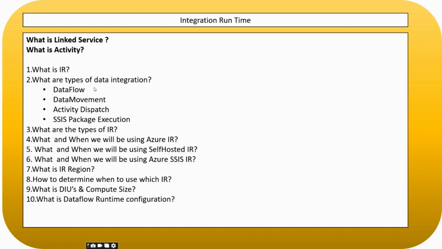Coming to the self-hosted IR, I talked about the private virtual network, correct? If anything is realized in the private virtual network, and you want all your control, all your point A to point B movement, if you want to watch all the movements, and if you want to scale up and scale down by yourself, you don't want Azure to manage your thing.